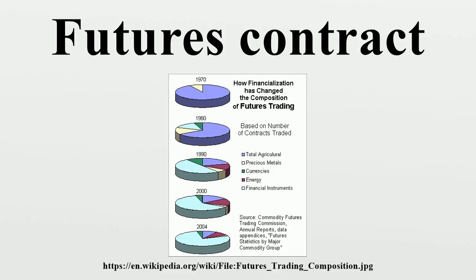Physical delivery is common with commodities and bonds. In practice, it occurs only on a minority of contracts. Most are cancelled out by purchasing a covering position, that is, buying a contract to cancel out an earlier sale, or selling a contract to liquidate an earlier purchase. The NYMEX crude futures contract uses this method of settlement upon expiration.